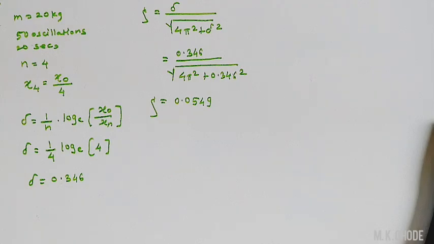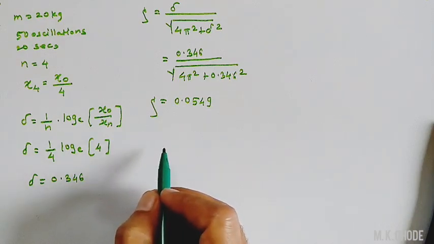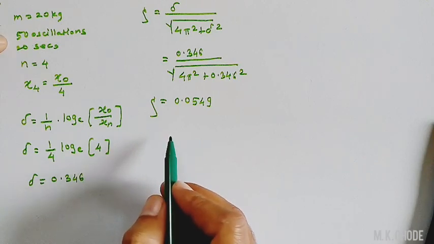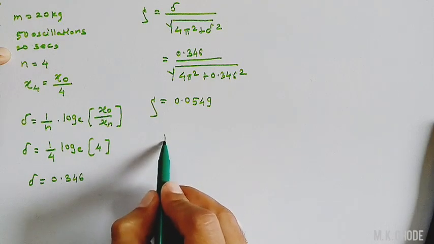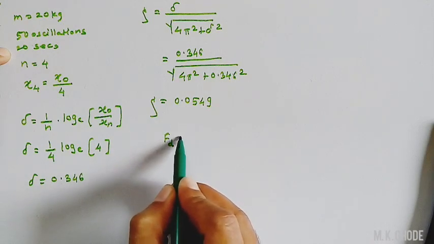Now we need to find the stiffness of the spring. First of all, we will need to find the value of frequency. It is given that the time taken to complete 50 oscillations is 20 seconds, so we can find the frequency for damped vibration from this.